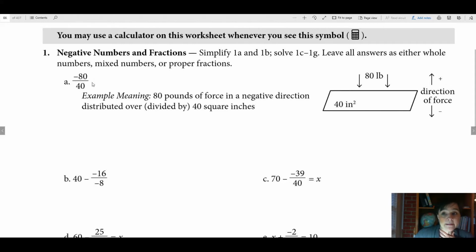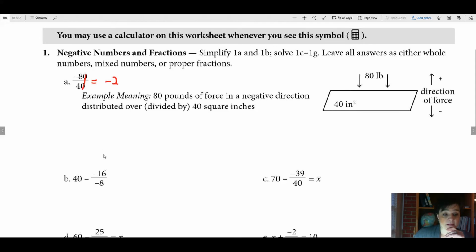Now there's one negative, okay? So what is that going to leave us? Remember, these can cancel each other out, so that's going to leave us a negative 2. Since there's one negative, an odd number of negatives is going to give a negative number.